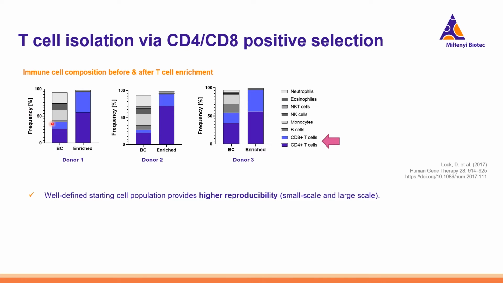However, after the enrichment, the amount of CD4 and CD8 T cells between the different donors was comparable. This means that we start with a more comparable and a more homogeneous sample, which clearly leads to a higher reproducibility of the whole process.